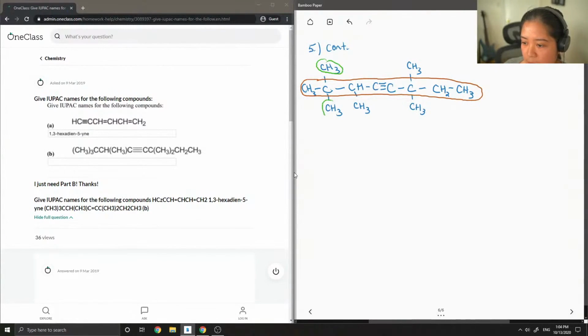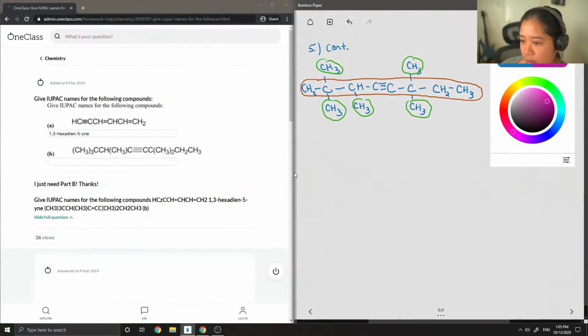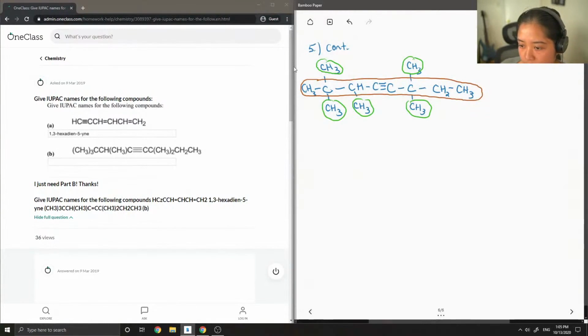We have 2 methyls here, there, and there. And now I'm going to number my carbons. So this is 1, 2, 3, 4, 5, 6, 7, 8.